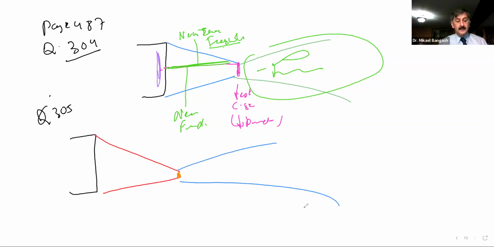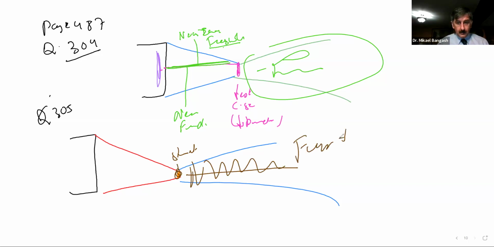What do we call the area that starts from the beam's smallest diameter, so starts here, and extends deeper? What do we call this area here? This is the far zone, which we also call the Fraunhofer zone.